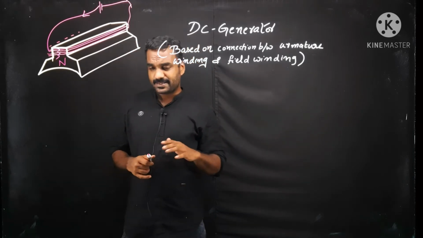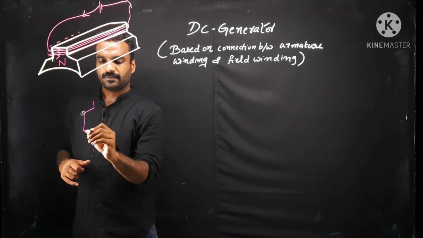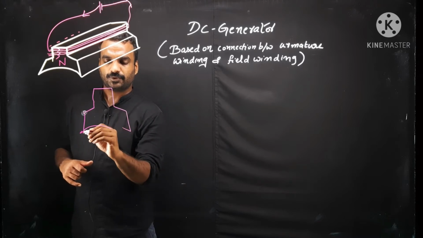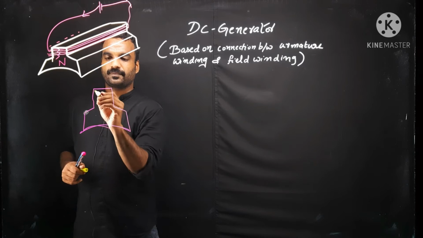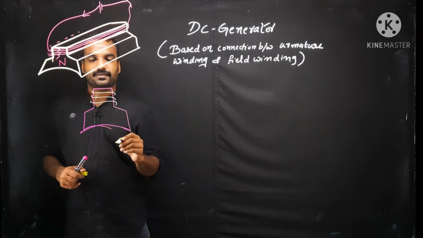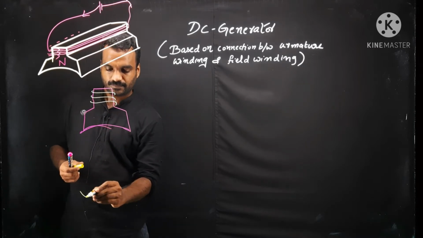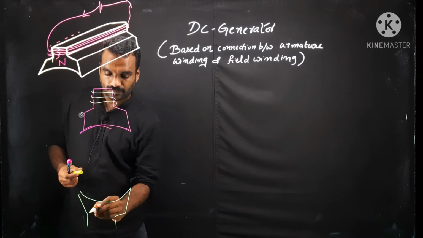How does it happen? Suppose this is a pole, and I am having this polarity here. This is the corresponding south pole.